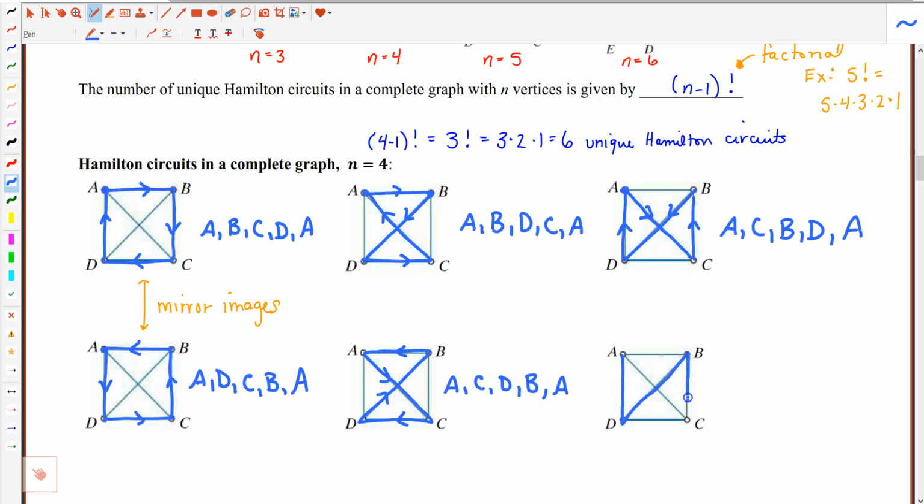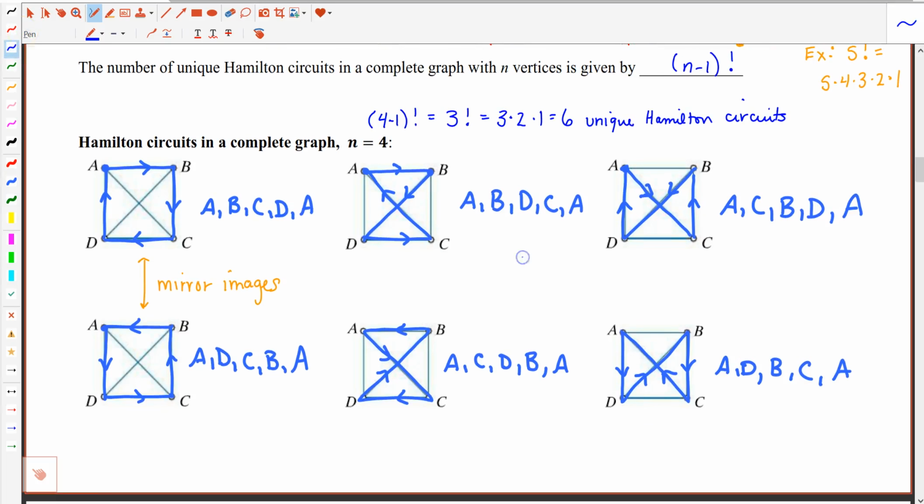And then again, I could have that in reverse order. So I could have from A to D, then up to B, then down to C, and then back to A. So there are your 6 unique Hamilton circuits.